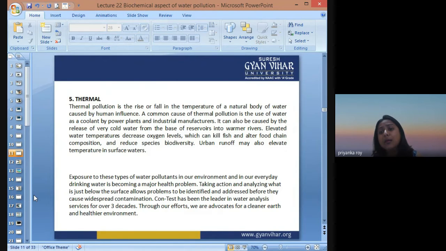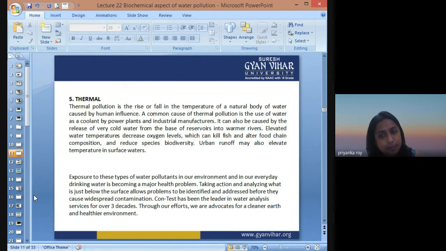Urban runoff may also elevate the temperature at the surface of the water. So thermal pollution is the rise or fall of the temperature of a natural water body, predominantly by human influences.